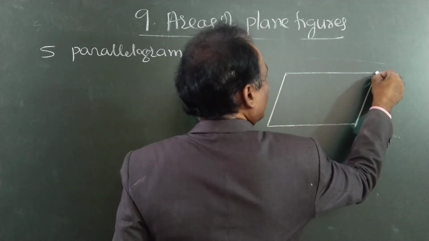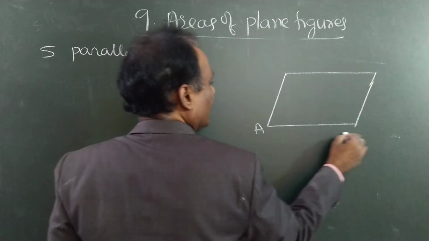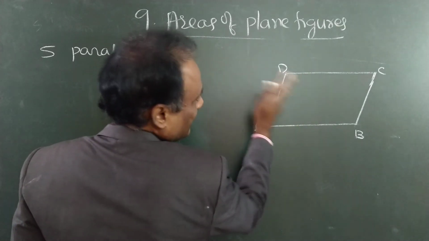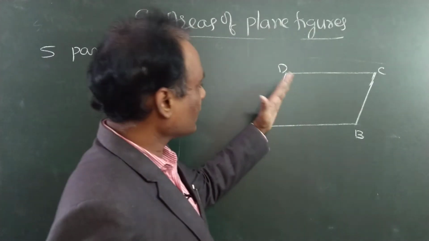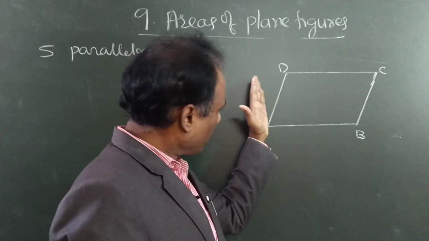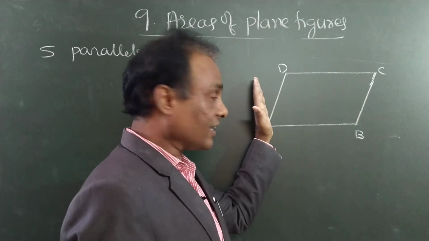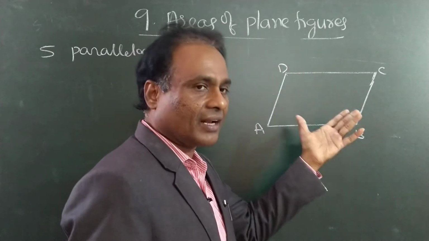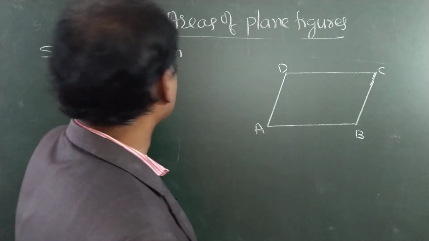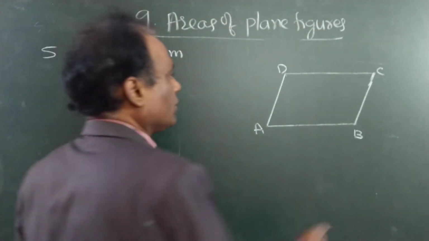Opposite sides are equal, like a rectangle only, but it may have inclined sides also. If it is straight, perpendicular, it is a rectangle. If the angle is not 90 degrees, then it is a normal parallelogram. So this is a parallelogram.